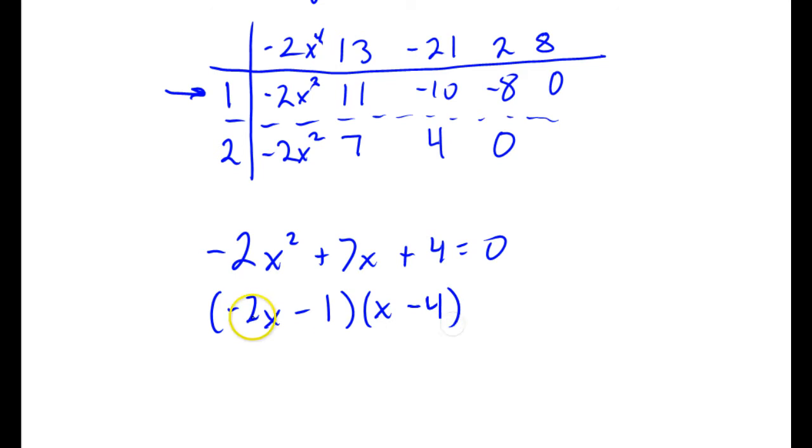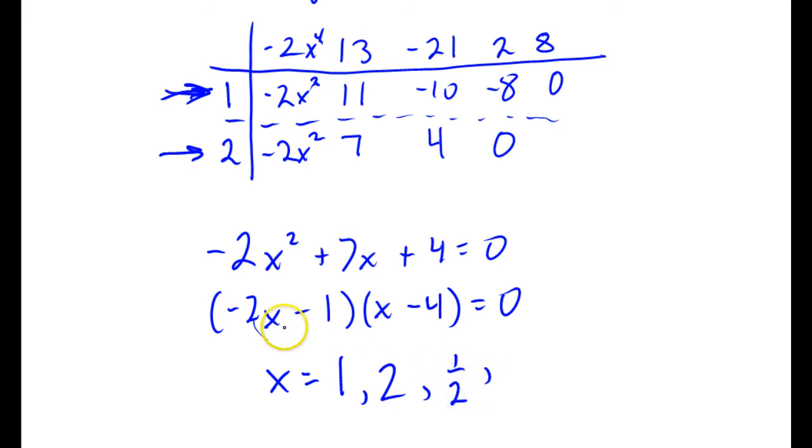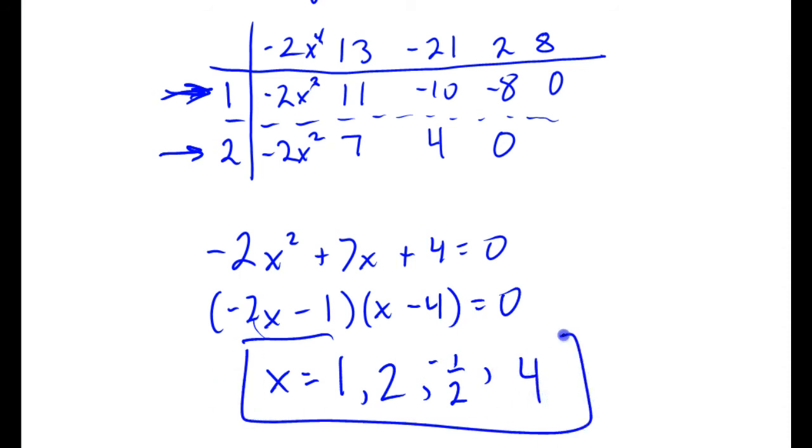Negative 2x times negative 4 is positive 8x, and then negative 1x gives me 7x, and negative 1 times negative 4 gives me 4. Yep, that works. So here are all the zeros: x equals 1 from up here, 2 from right there, 1/2, negative 1/2, and finally positive 4. 4 zeros, 4th degree polynomial.